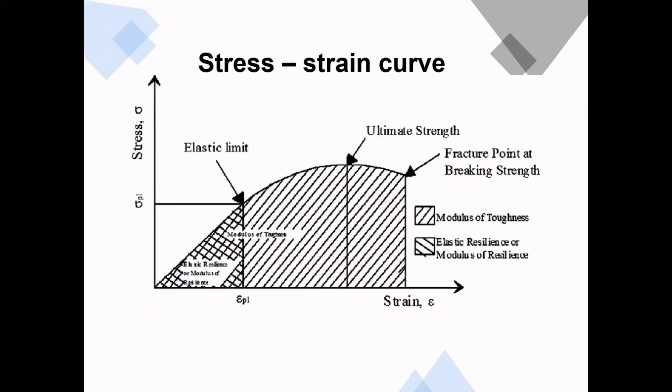This is the typical stress strain curve of a material, like what we have learned in a previous chapter. The stress strain curve is the behavior of a material when it is subjected to loading. In this diagram, stresses are plotted along the vertical axis, and as a result of these stresses, corresponding strains are plotted along the horizontal axis.